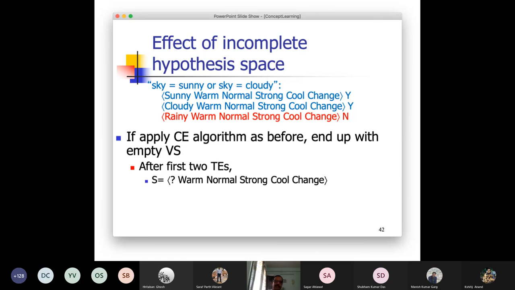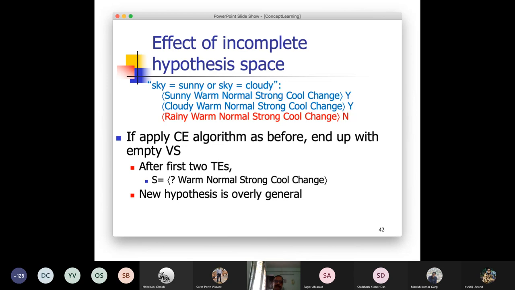That is what I was telling you, that if you consider the first two training examples in your candidate elimination algorithm, then you will get the most specialized boundary. The hypothesis in the most specialized boundary will look like this. You agree with me? S will look like this if I take the first two training examples only. G is still having all question marks, isn't it? I have not written that, but that is understood.